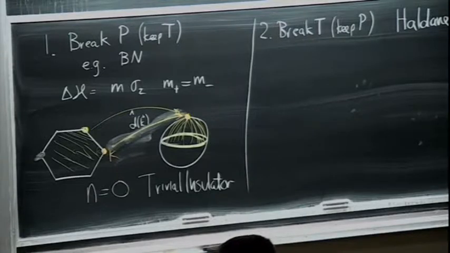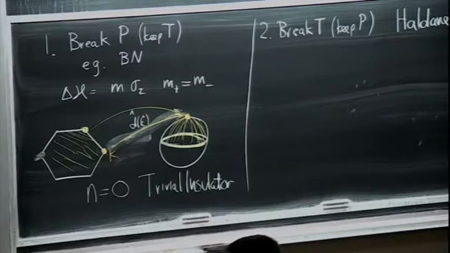Since the magnetic flux is 0 on the average, you don't have Landau levels. You still have Bloch's theorem, you still have a band structure which is a function of kx and ky. So there are no Landau levels, but you have managed to break time reversal symmetry.